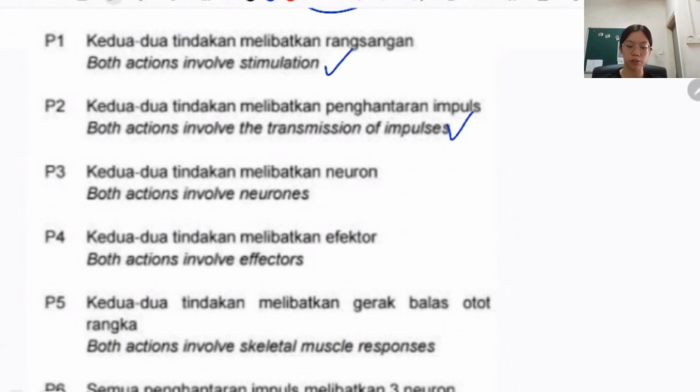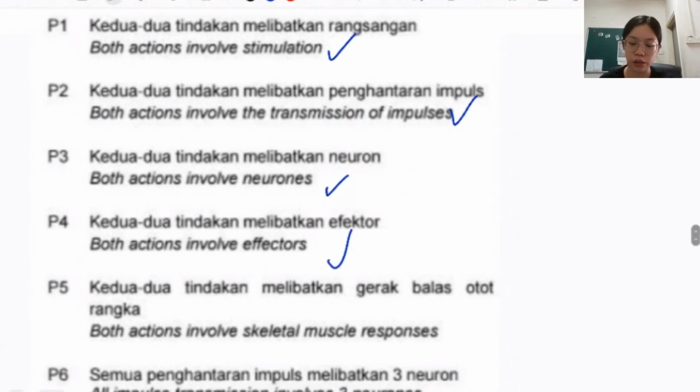Both involve stimulation, transmission, neurons, effector. If you just write the whole thing out straight in one full sentence, both involve stimulus, transmission of impulse, neurons, effectors, they may only give you 1 mark. So normally, I suggest students to separate the points, like stimulus, transmission of impulse. Don't write both involve stimulus and transmission of impulse. You write it as a second point.